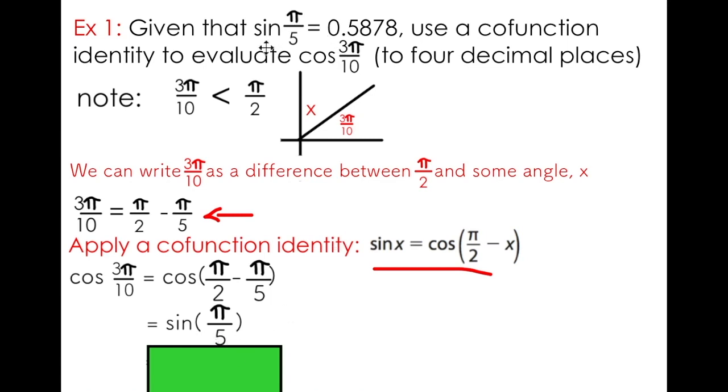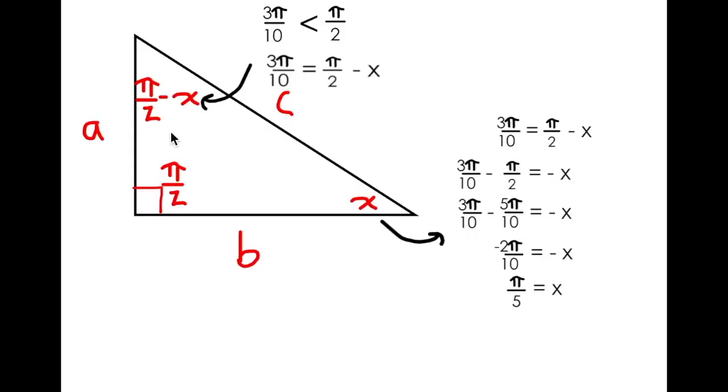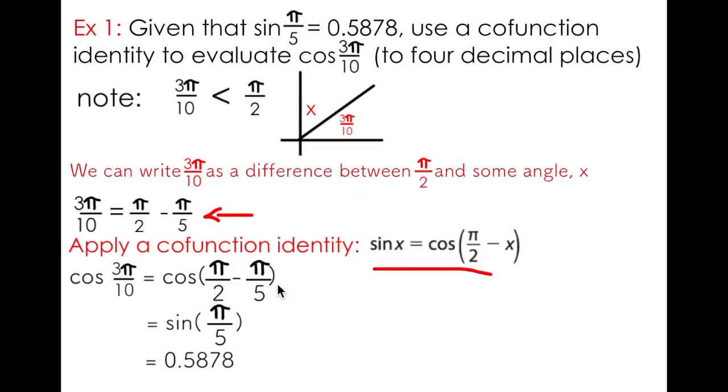Well, conveniently enough, you'll recall that we were given that the sine of pi over 5 is 0.5878. So we can conclude that the cos of 3 pi over 10 must also be equal to 0.5878. Looking back at the triangle I used in my analysis, if I look at the cosine of pi over 2 minus x, I get a over c. Likewise, if I look at the sine of x, I get a over c. I've shown that in my solution here, using pi over 5 as angle x.